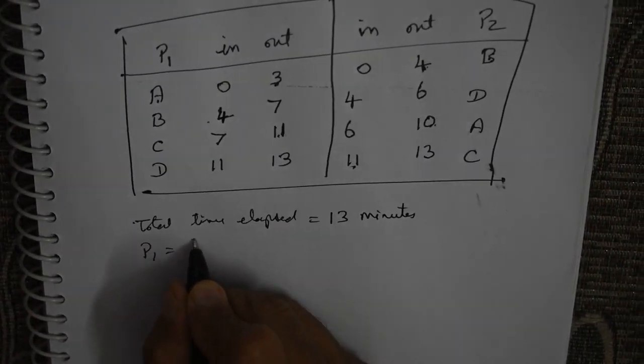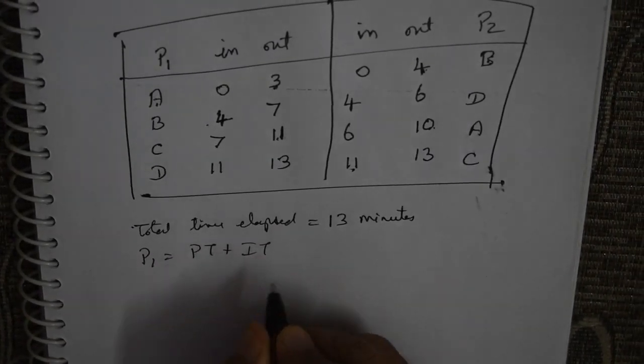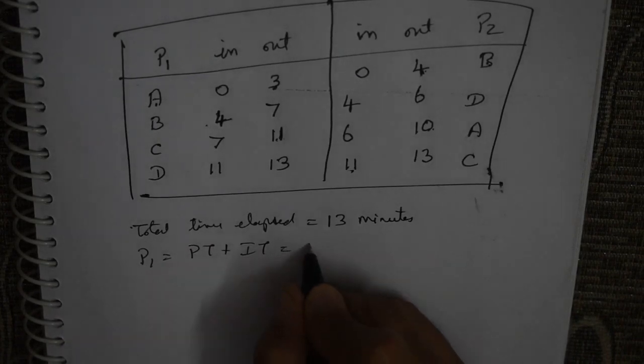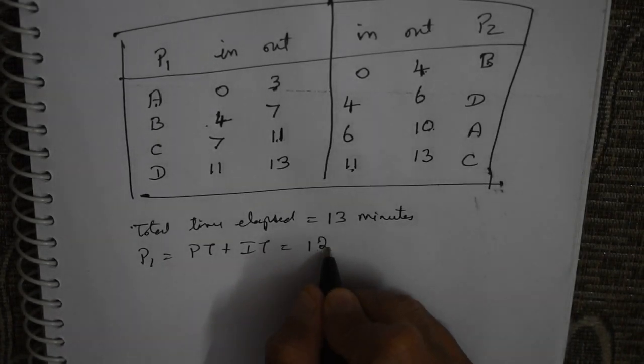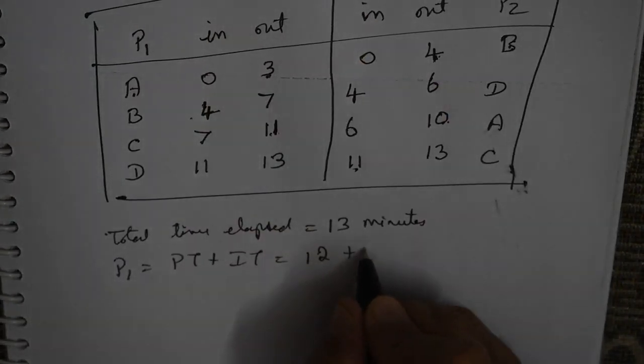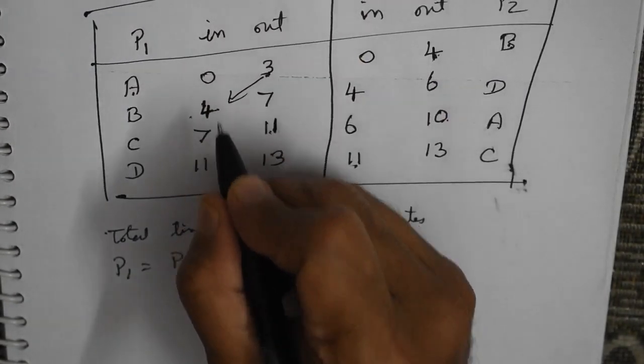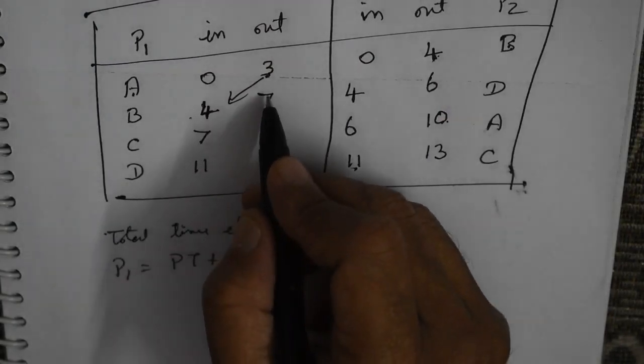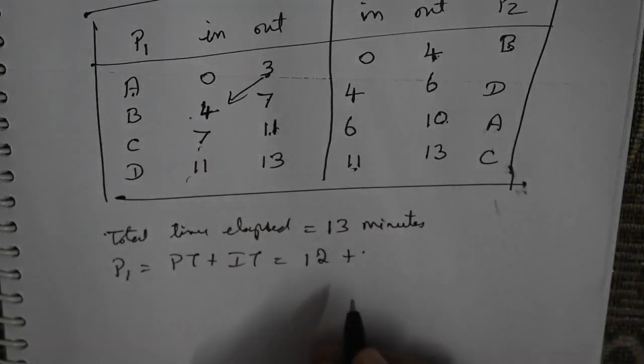P1 is equal to processing time plus idle time, that is processing time 12 minutes plus idle time 1 minute, so 13 minutes. Otherwise it is 3, 7, 7, 11, 11 and no wastage.